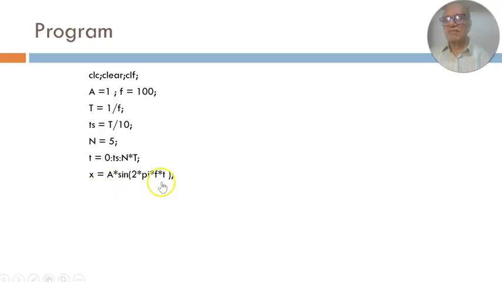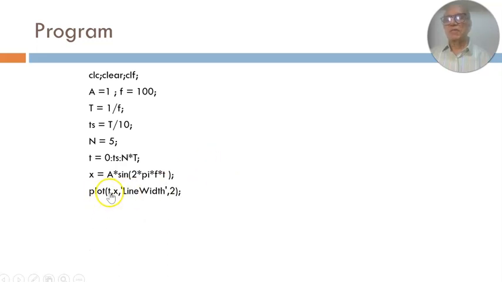So this statement will take the first value of t, say t1, generate x1, then take t2, generate x2 and so on. So you don't have to do this separately in MATLAB. A single statement is capable of generating an array for x given the array for t, which is already generated here.